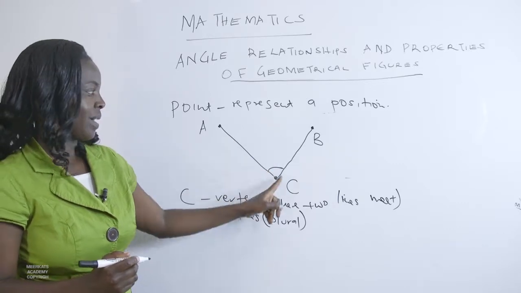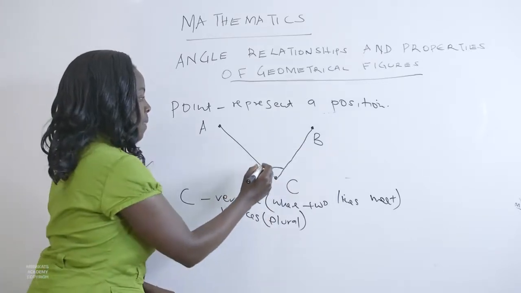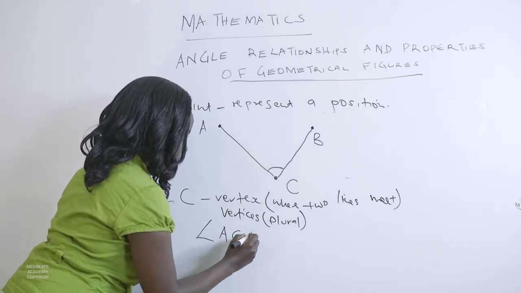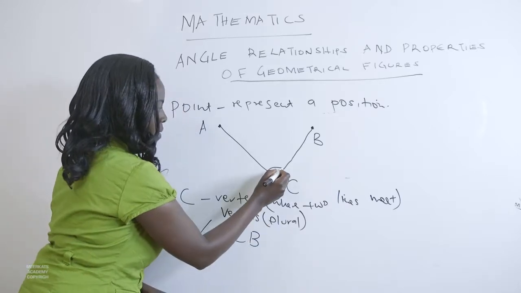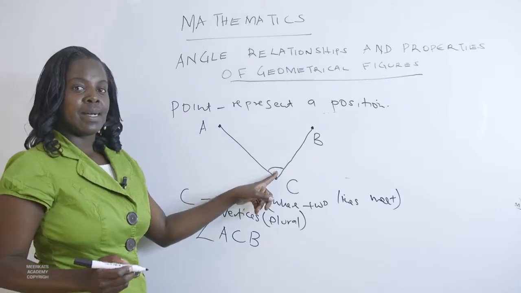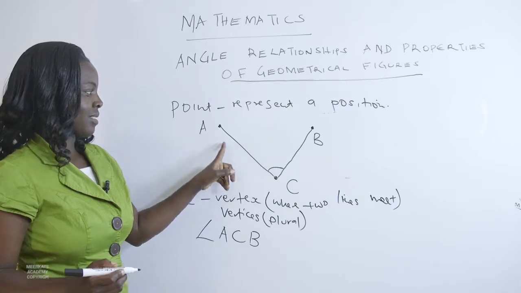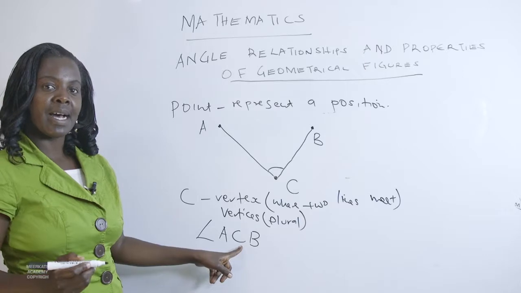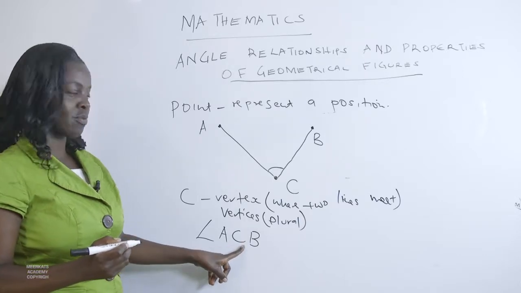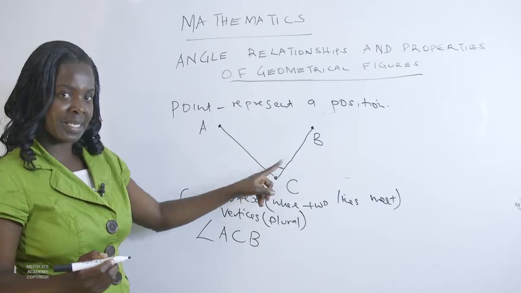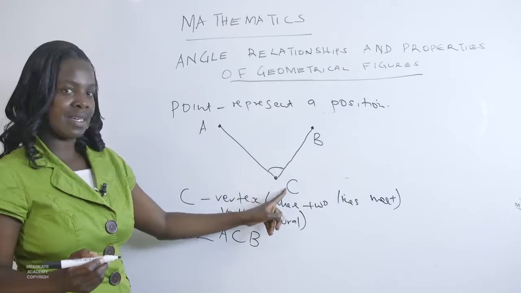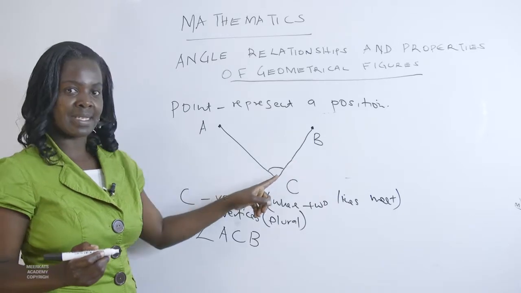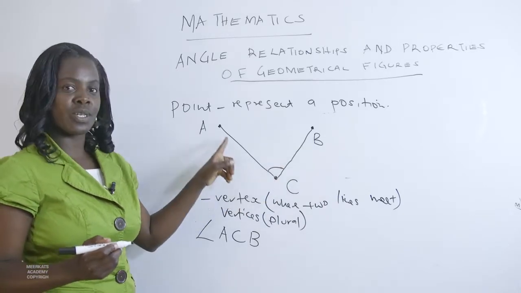So this angle here is called angle ACB because it is found at the vertex C. So C should be at the middle where the angle is. Angle ACB because it is in between the two lines that have joined together.